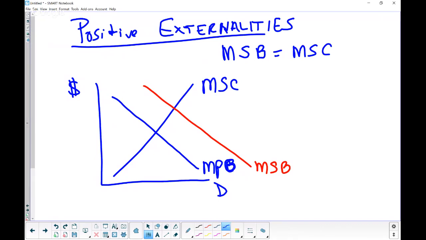The quantity that we're currently producing at is here. This is the quantity of the free market. But the fact that we gain a lot more benefit than what our private consumer is suggesting they get is suggesting that we should really be producing here, what is socially optimal. We should be producing out at socially optimal.